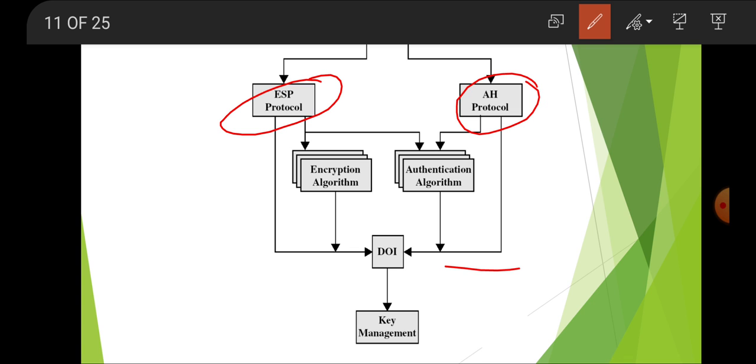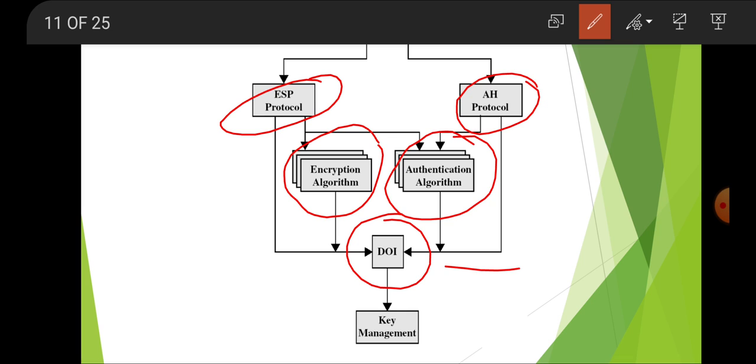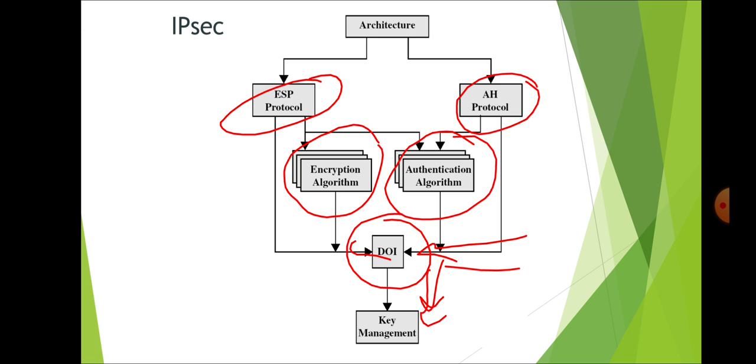So encryption algorithm and authentication algorithm are both here. In the encryption algorithm your data is encrypted, and in the authentication algorithm your data is authenticated, and it goes to the DOI, and from those operations it goes to key management. All this architecture we are going to design in the coming slides, or maybe in the next lecture.